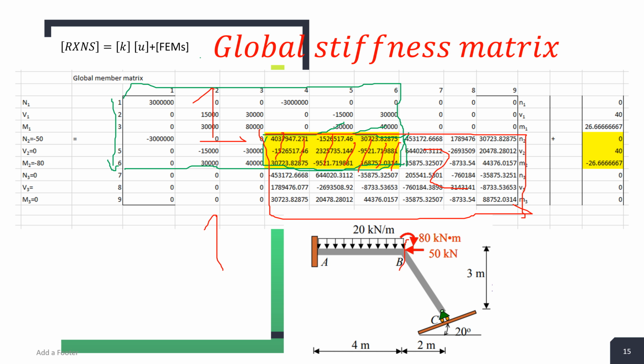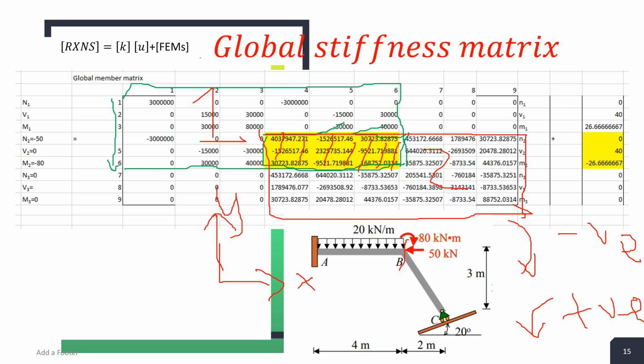One, we assume this is the positive x axis, this is the positive y axis, and also we assume that clockwise moments are negative. That means anti-clockwise moments are assumed positive, and this is the reason for this. So this is why this moment is indicated here as negative. You can see there, at node 2 the force is indicated as negative 15.